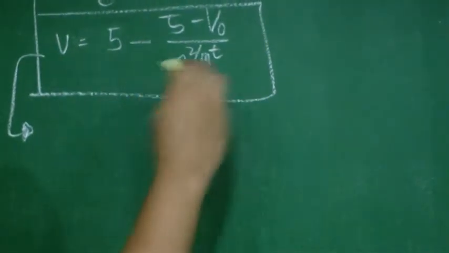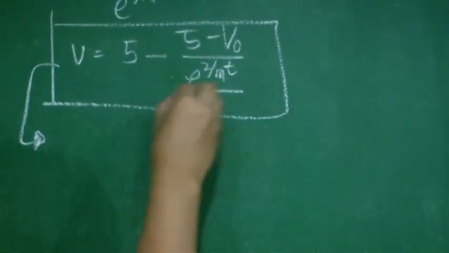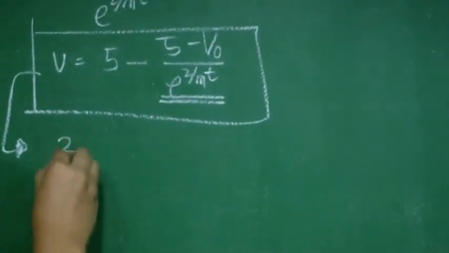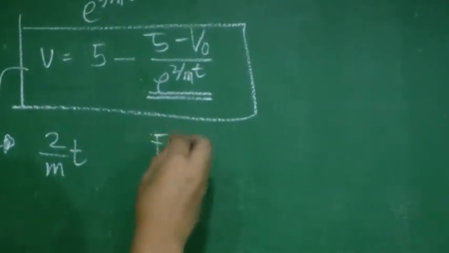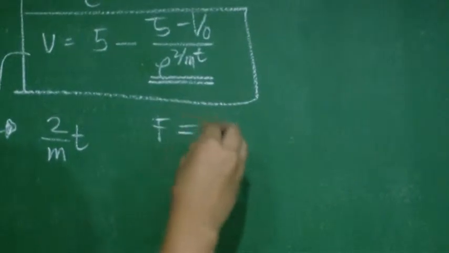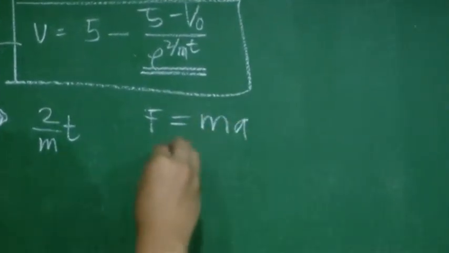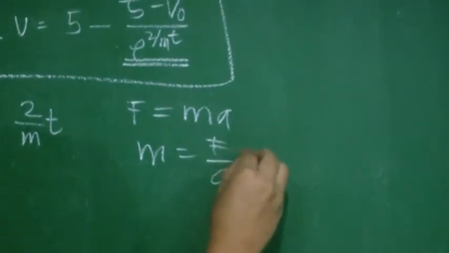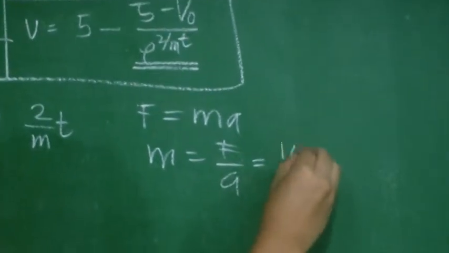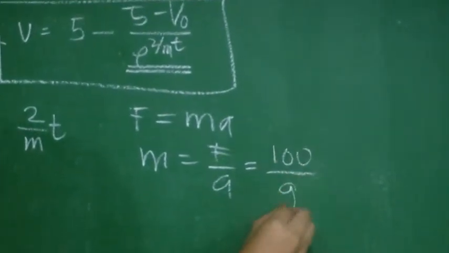Now, simplifying further, particularly this denominator, 2 over m e. Now, from the second law of motion, m is equal to force over acceleration, where force is equal to 100 over gravity.